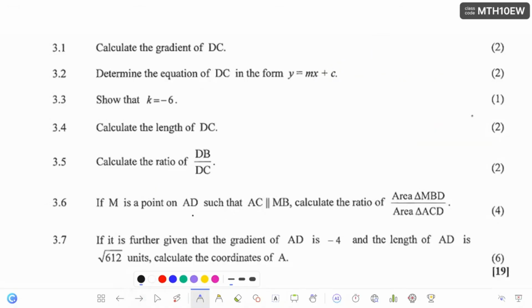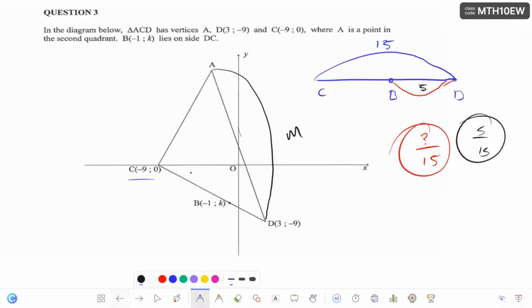And this point connects to B. Why? Because here they say AC is parallel to MB. So here AC is this one. They are saying MB is parallel to AC. So we need to sketch this so that you can understand.